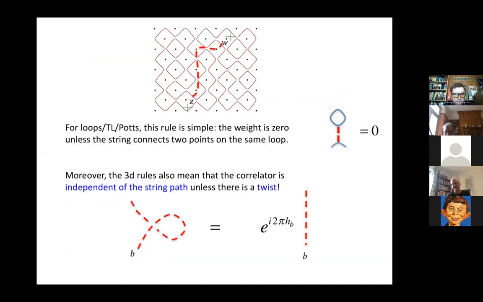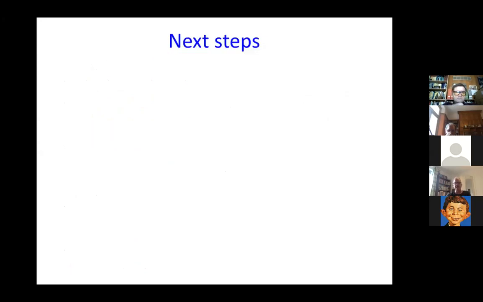And it's even simpler when you write these things out in terms of loops. The point is you can't have tadpoles, so the two ends have to lie in the same loop. That's the rule. And the twist factor that I mentioned all works out if you define it within the category.